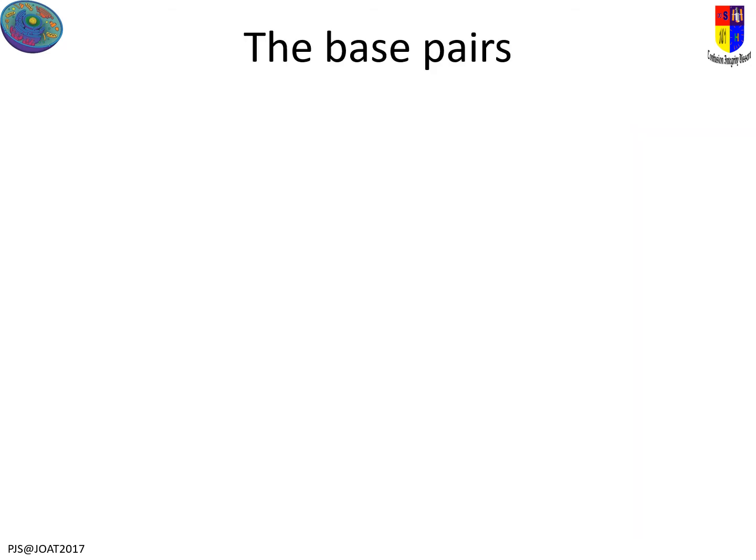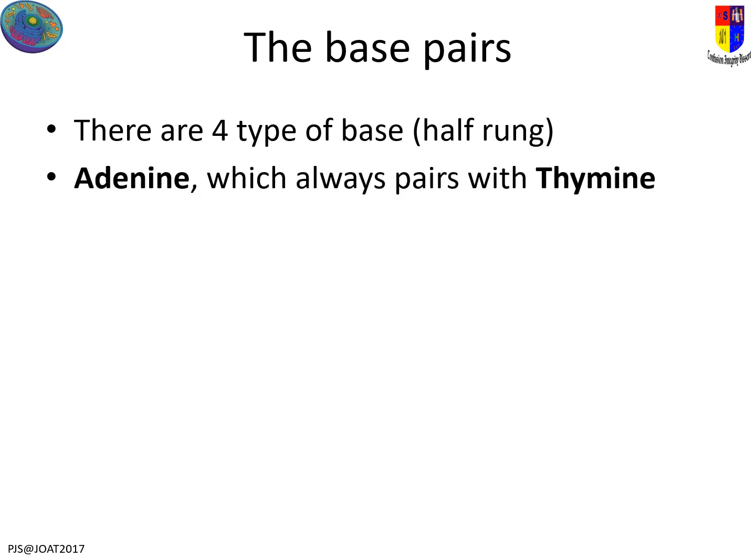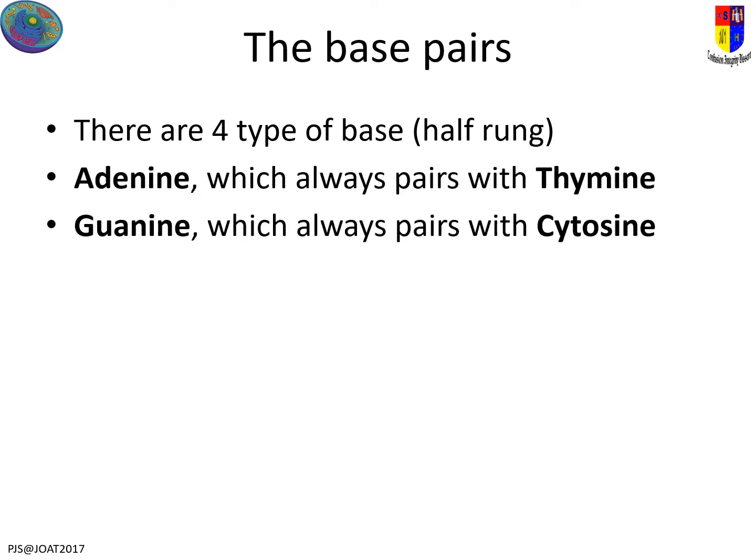So the bases, 4 types: adenine, which always pairs with thymine, and guanine, which always pairs with cytosine. You actually need to know the full name.